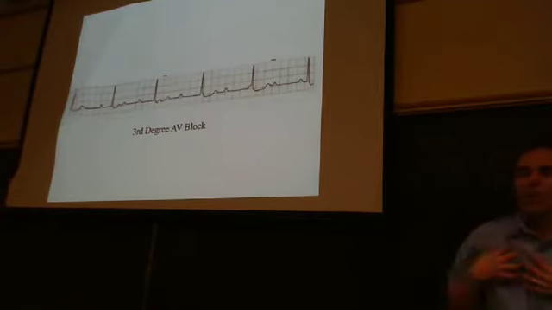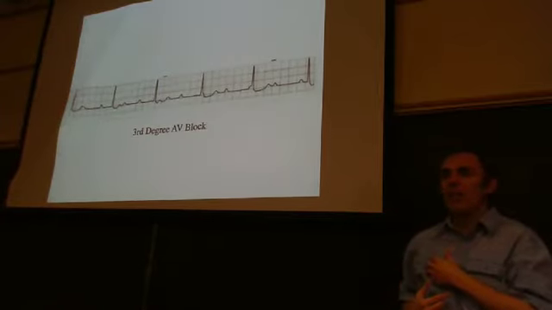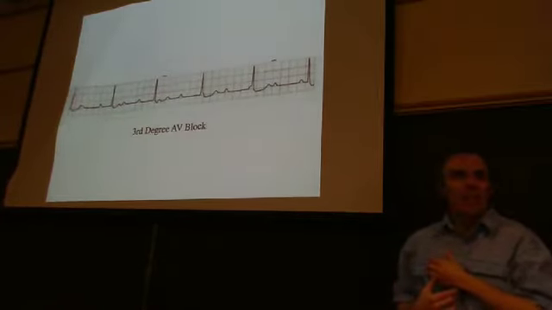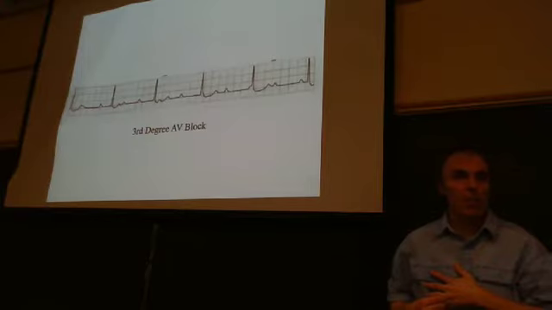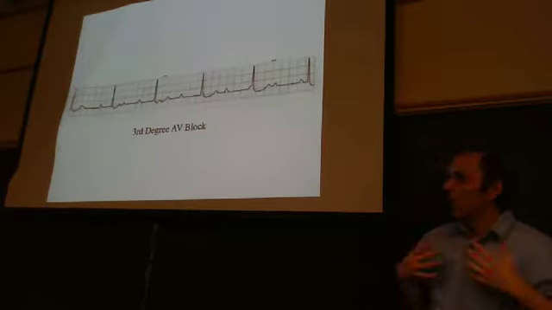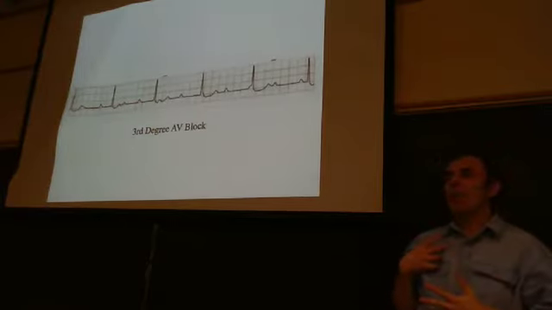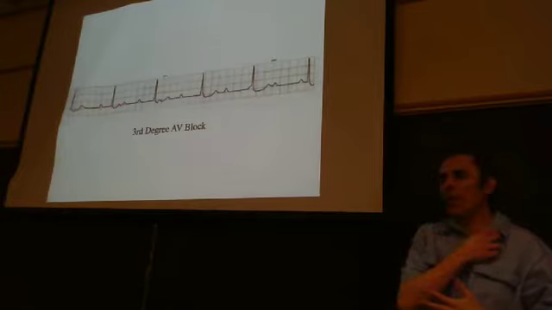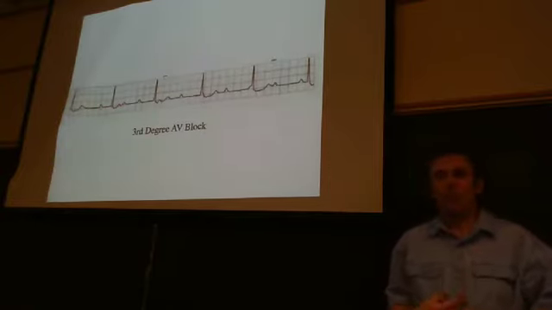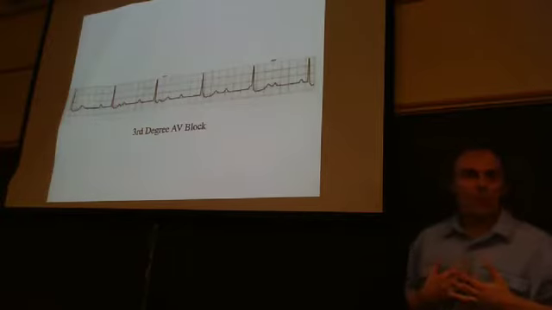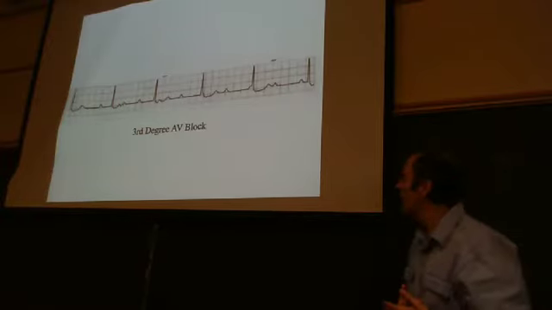So if your AV node is completely blocked, you're not necessarily dead, but all of a sudden you've got this really slow heart rate for the ventricles. Your SA node's not the pacemaker anymore. Somewhere in the AV node or down in the Purkinje fibers, bundle of His, becomes the pacemaker, and it just slows things down.